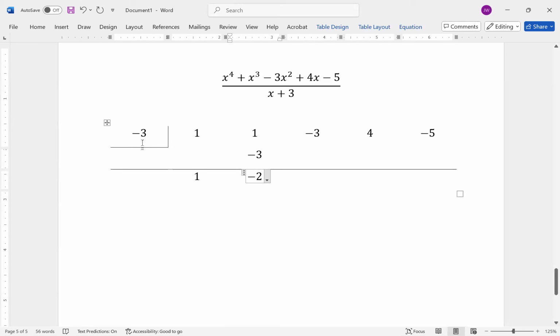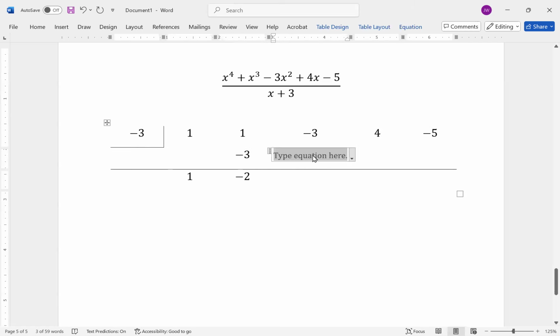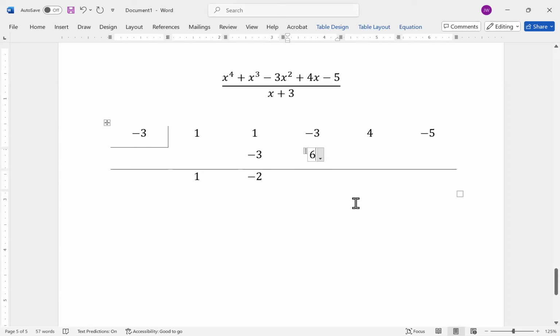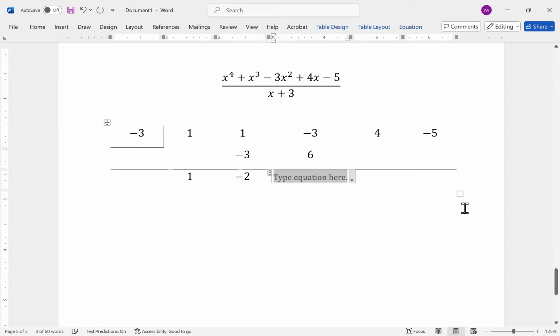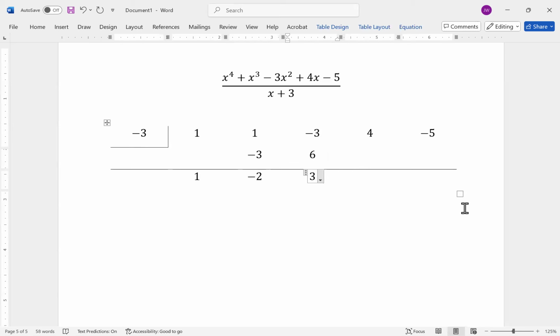And then I take -3 times -2. That's going to give me a 6. Adding those things up gives me a 3. 3 times -3 becomes a -9.